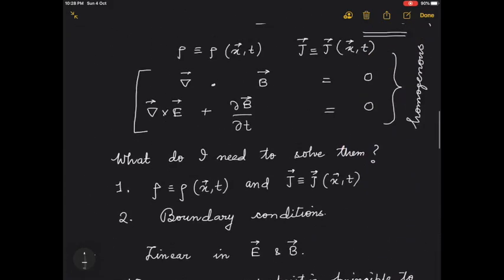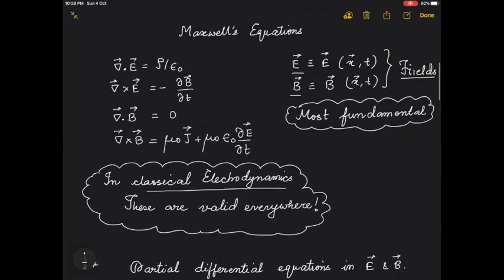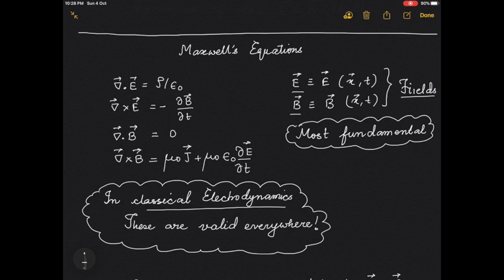I leave you for the time being to think about one more thing. How many equations are there? Well, I have two divergences and they are scalar. So I have two equations there. And I have two curls, and curl is of a vector which gives rise to a vector.